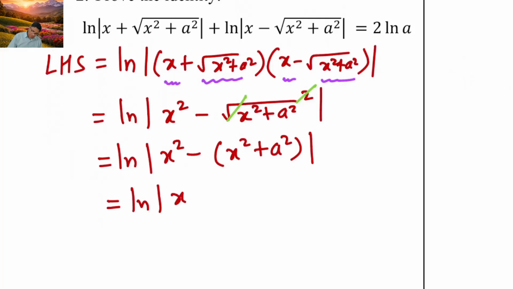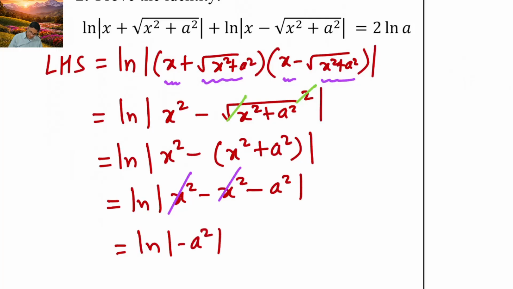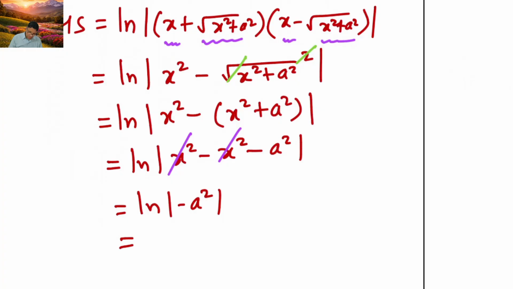Now you open the parenthesis. So when you distribute the negative sign, both become negative. And now you cancel the x square minus x square. So ln of the absolute value of negative a square. Now we use the absolute value, right? a square is positive, so the absolute value will basically get rid of the negative sign. That is the definition of absolute value, right?